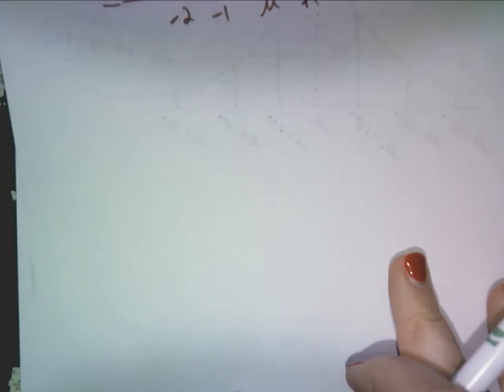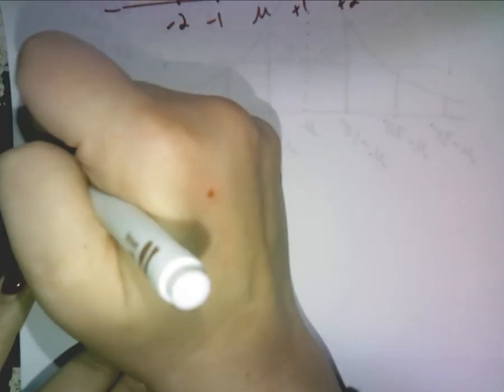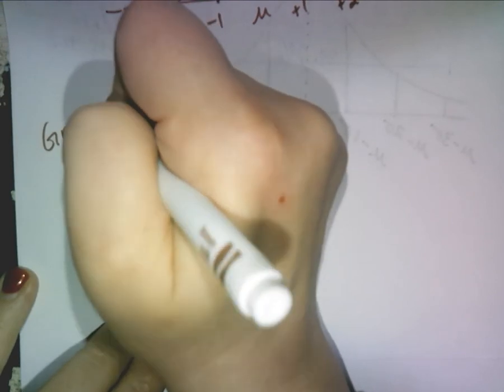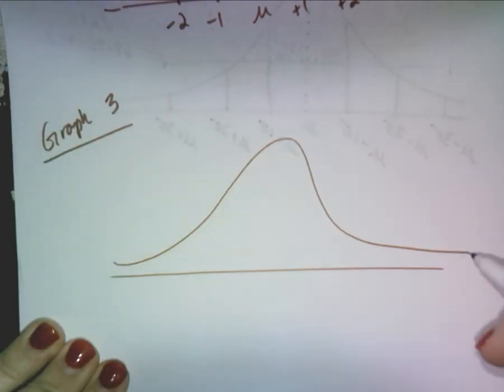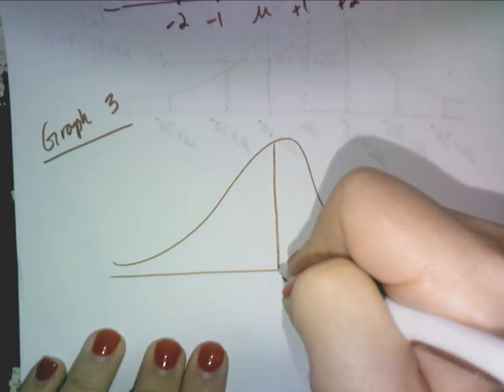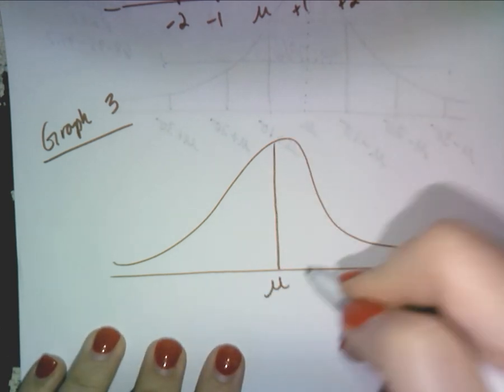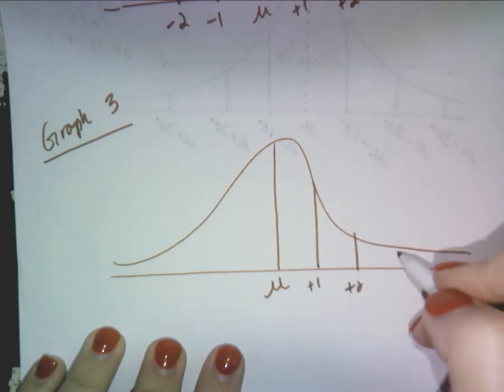Now, graph 3 is probably the one that you're going to use the most tonight, because we're going to fill in this whole chart, and hopefully it will make complete sense. I want you to write mu, plus 1, plus 2, and then plus 3.